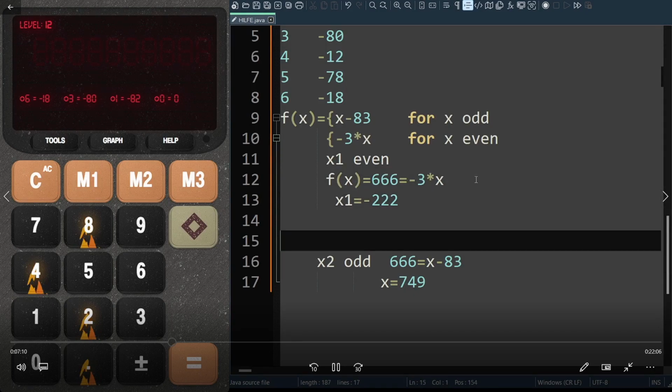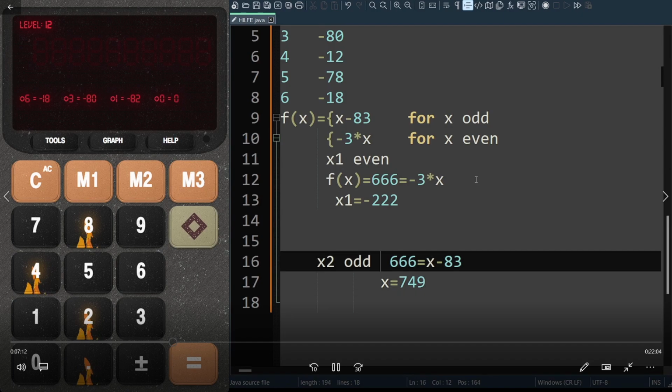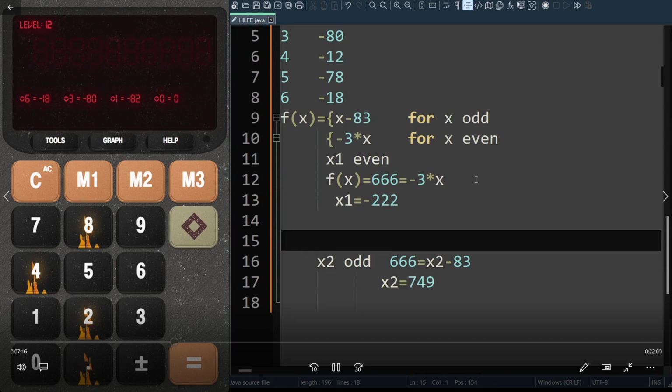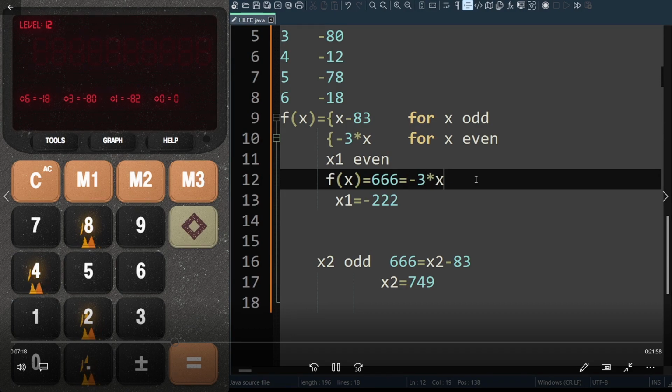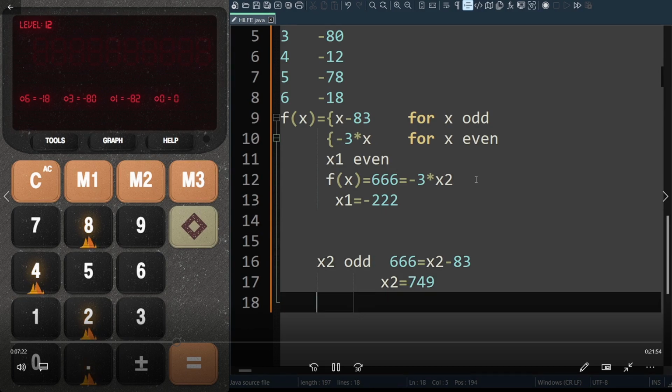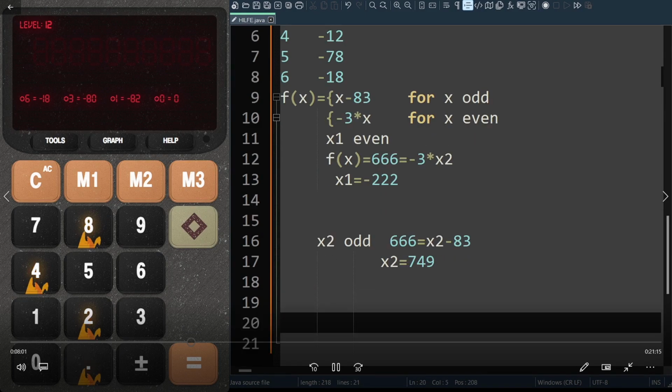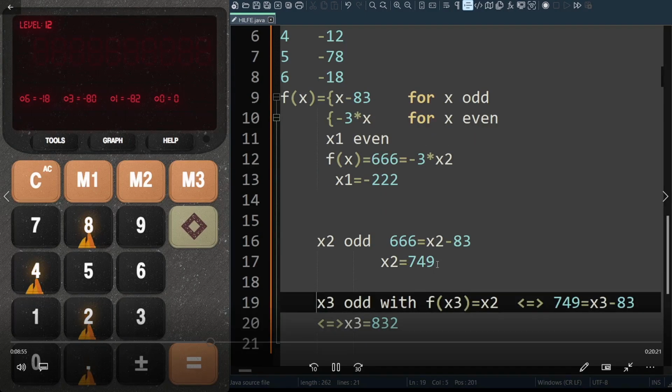So I'm writing here x1 even, x2 odd, and if it's odd, we need to satisfy this equation. Since we can't use all the numbers, those two numbers don't really work. We need to find other numbers.